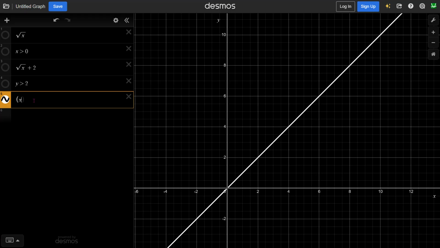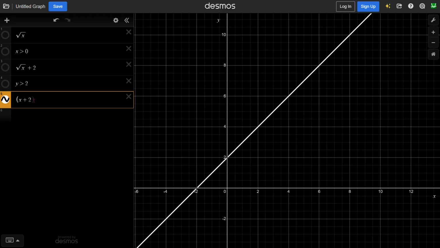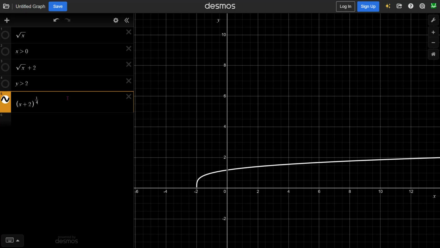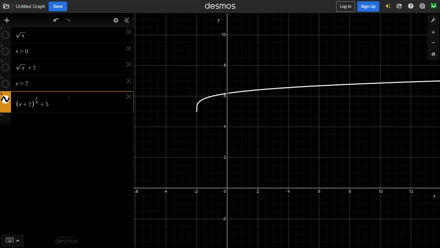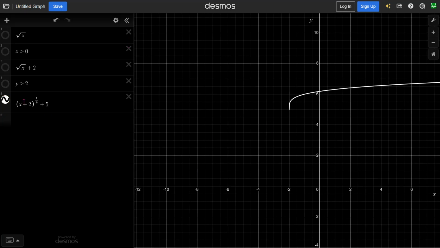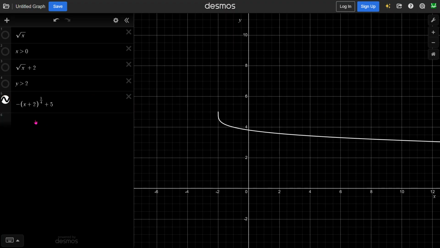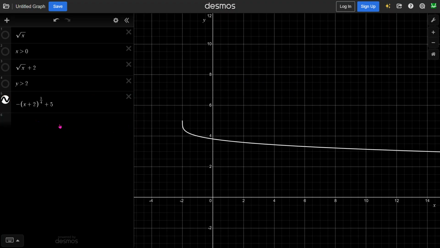It can be written, let's go with +2, the square root of 1/4 x + 5. Okay, so we have a white function right now. So again, what is the domain? What is the range? And you know what? I'm going to add a minus sign to flip it around.